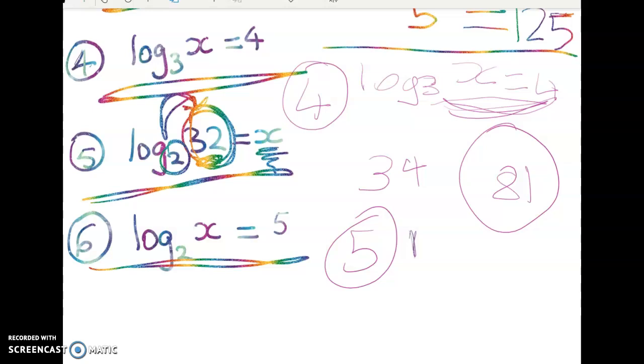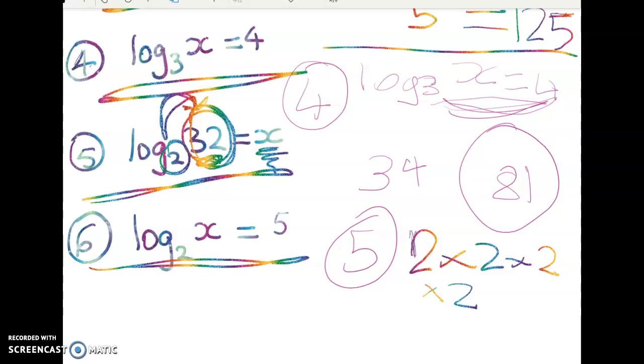So you have to figure out how many times you have to times 2 by itself to get to 32. I'll just do that manually. 2 times 2 is 4, so that's 2 squared. 2 times 2 times 2 is 2 cubed. 2 times 2 times 2 times 2 is 2 to the power of 4.